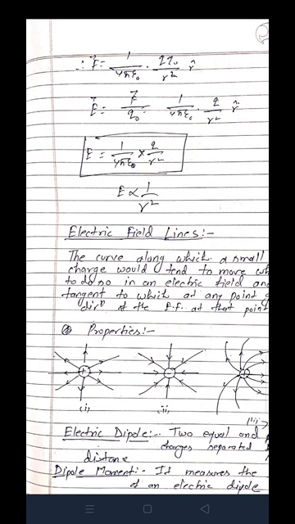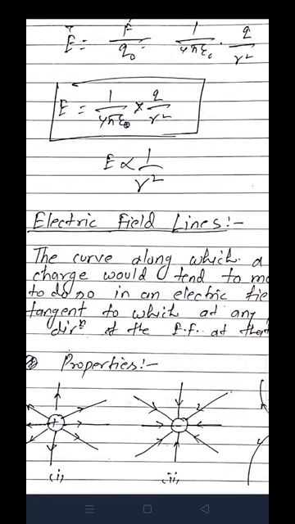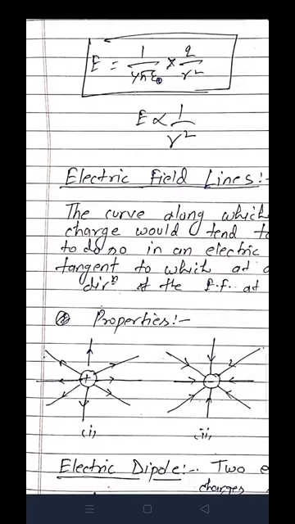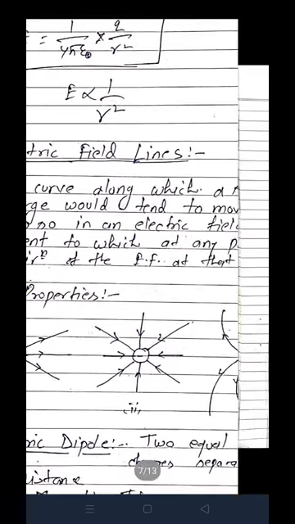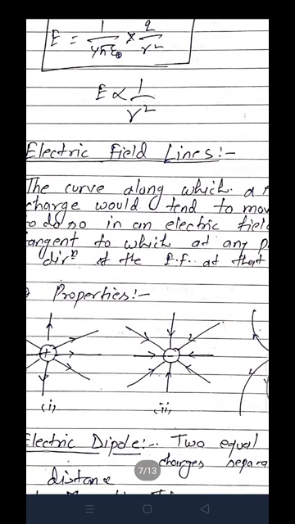Okay. Now electric field lines are something that we have already done in class 10. Then also I am going over it. Electric field lines are imaginary lines drawn from a positive charge. They come out from a positive charge and go to what? Negative charge. If there is only one positive charge, then the lines will always go outward. If there is a negative charge, they will come inward, because we know that the electric field comes out of a positive charge and goes into a negative charge.